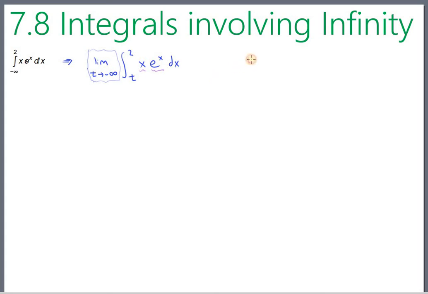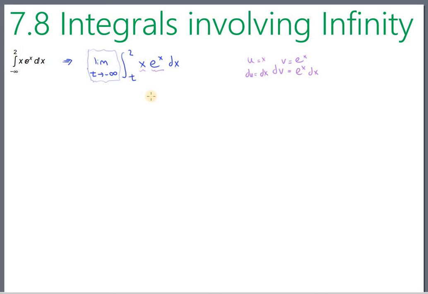So you're going to need a u and a dv. If you remember LIATE, e to the x is better as a dv, and x is better as a u. So du is 1 dx, and v is e to the x, and you're ready to do your integration.